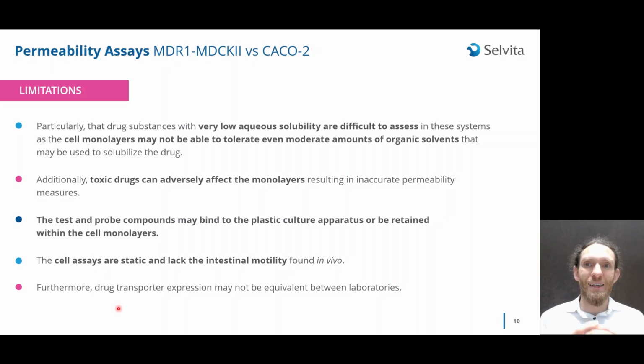And furthermore, drug transporter expression in the cell lines between different laboratories can slightly vary. So we can likely compare compounds between laboratories. If something is highly permeable in one laboratory, it will likely be highly permeable in another laboratory, but if we compare the values themselves, they may be slightly different.